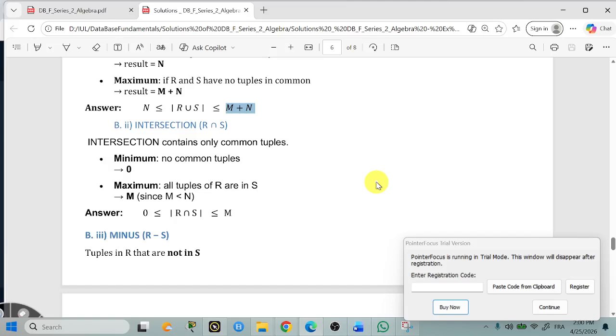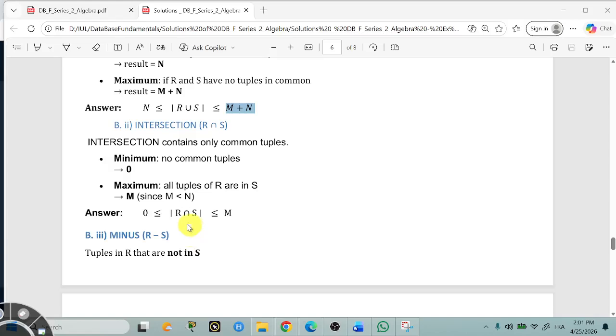So the number of tuples of R in S is m. So the result is m, and the intersection is between 0 and m. If all rows of R exist in S, it means that these rows represent the intersection part. So they represent m.